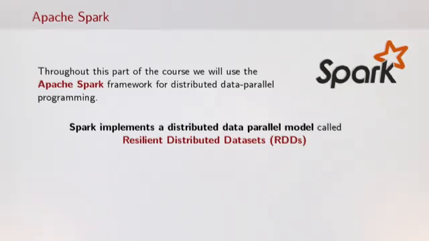As you know, the implementation of this distributed data parallel programming model is Apache Spark. Apache Spark has an abstraction called resilient distributed datasets. We call them RDDs for short, and an RDD is basically the distributed counterpart of a parallel collection. So throughout the course, we're going to be focusing a lot on these RDDs, how they work, and how to get the best performance out of them.